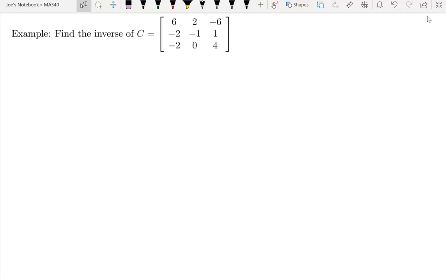What do we do first on this one? Good. All right, so first thing I want to do is take the matrix, augment the identity matrix.